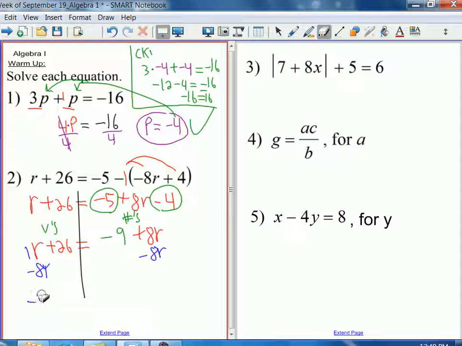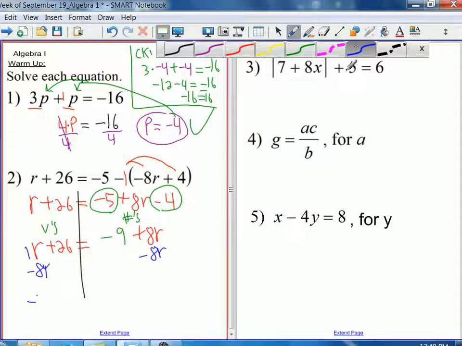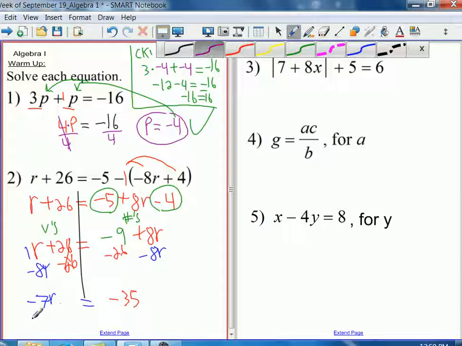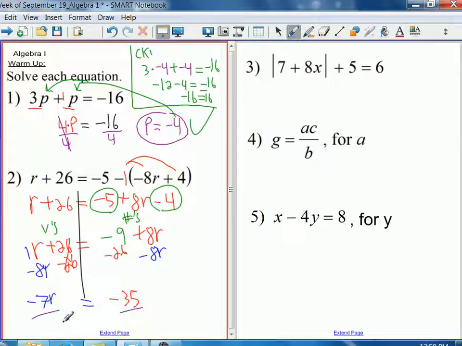So that's going to be negative 7r equals, and we have the 26 still, but we can cancel it out by subtracting 26 here and here, and we'd actually get negative 35. Final step is to divide, because that's a multiplication by default, and when we divide we get r is equal to 5.